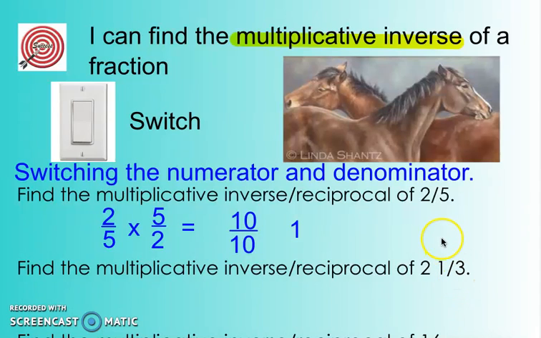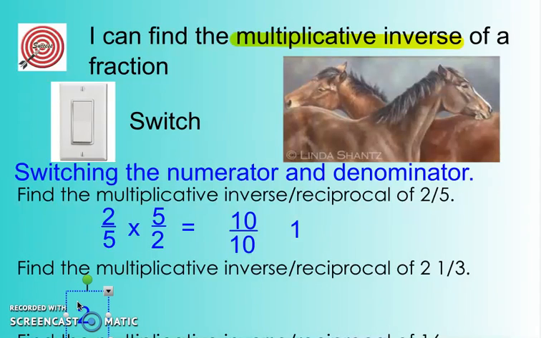No. And I know some of you were saying that 1 is the answer. But this is a mixed number. It's not a fraction. What do you think we have to do to a mixed number before we figure out what the multiplicative inverse or the reciprocal is? Yeah, we need to change it to a fraction.